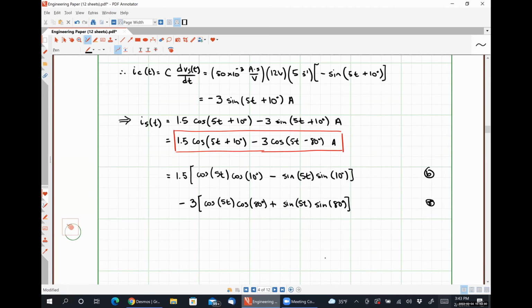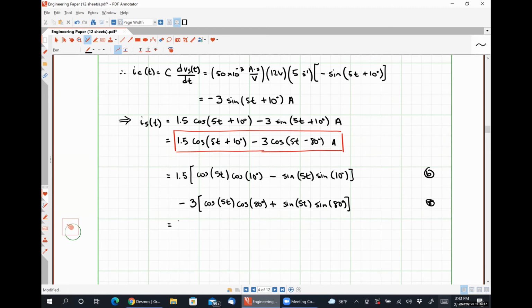Okay. So cosine of 10 degrees, sine of 10 degrees, cosine of 80 degrees, and sine of 80 degrees are literally just numbers, right? So what I mean by that is I'm going to rearrange this slightly.